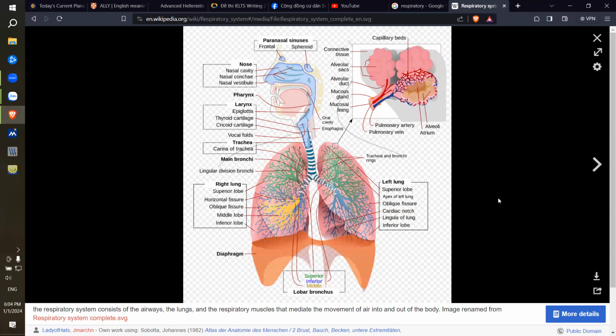The alveoli have thin walls, so they allow oxygen from the air we breathe to diffuse into the bloodstream, where it is transported to the cells. At the same time, carbon dioxide also... But you should also mention the fact that there are capillaries surrounding all of the bronchioles and alveoli, okay?